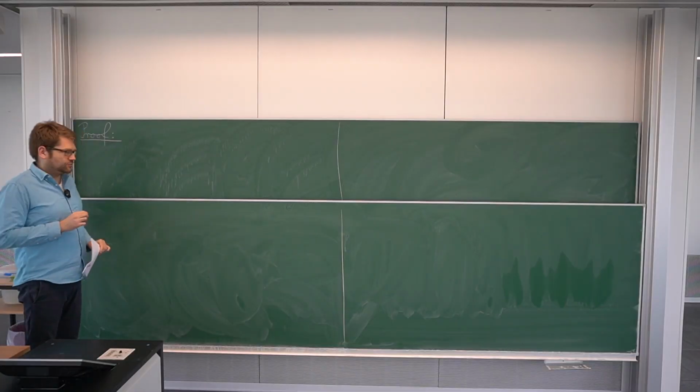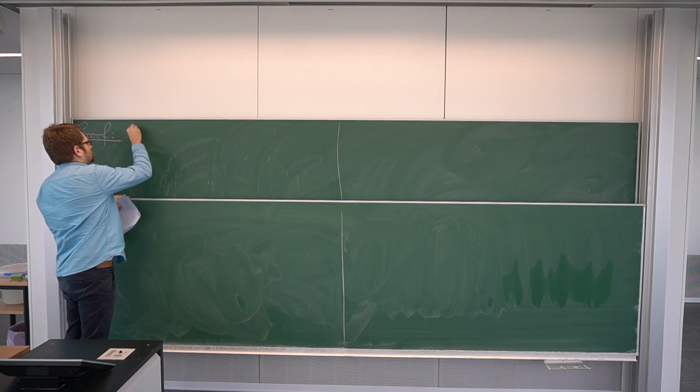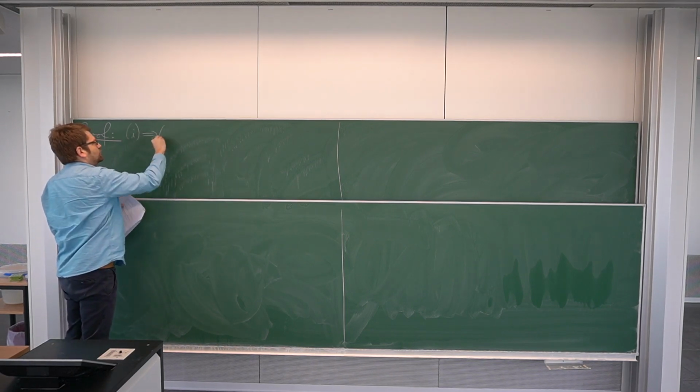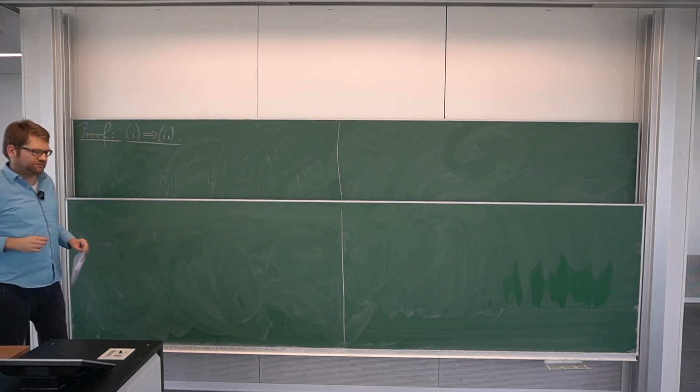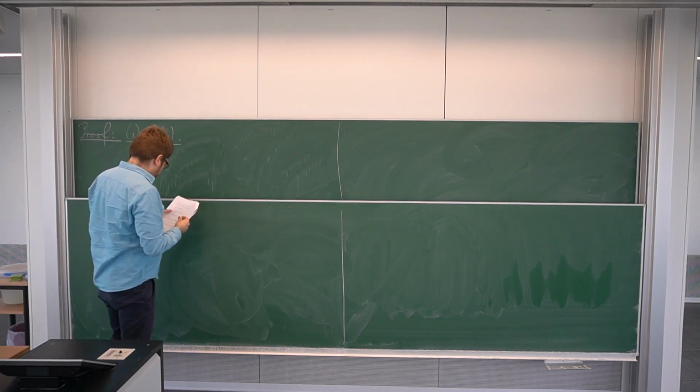Okay, let's start with the simple direction. Assume we have a solution of our system, and we want to show that then in the row echelon form, this holds for the coordinates of the right-hand side. That's the easy part.